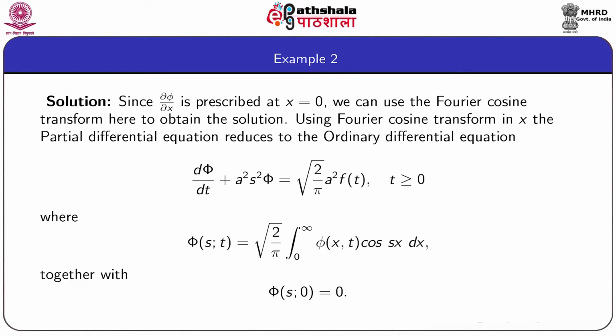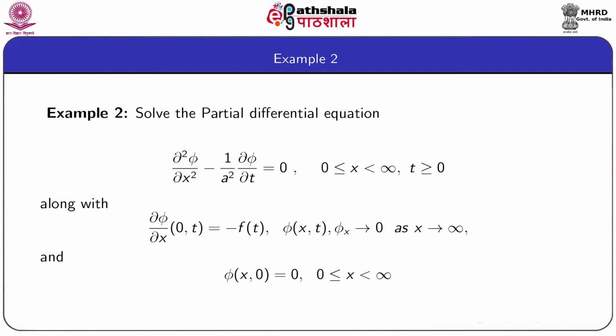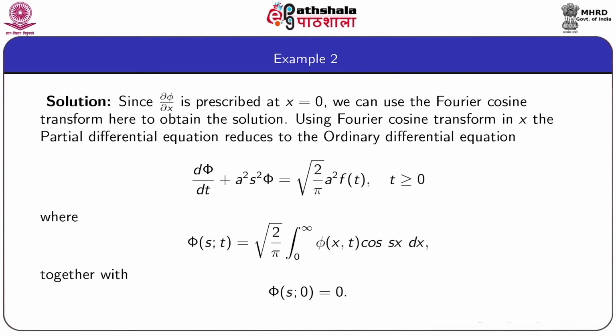Again, if we apply Fourier cosine transform to the initial condition at t equal to 0 of phi, we obtain capital phi at t equal to 0 is 0.